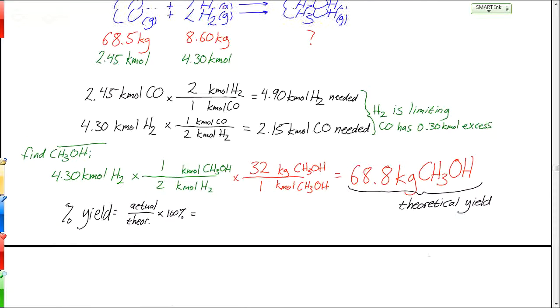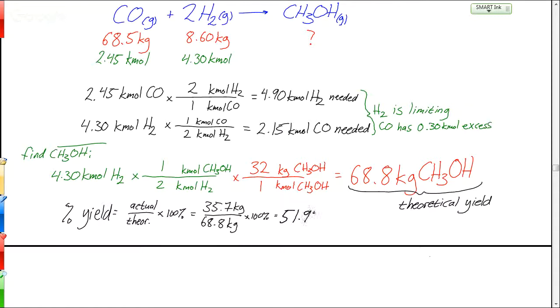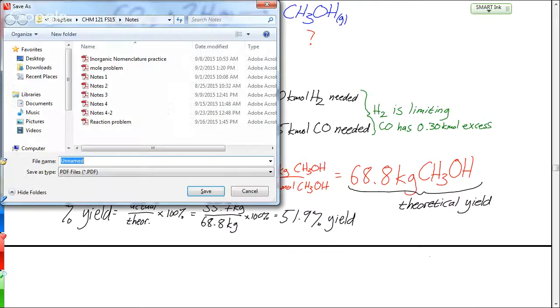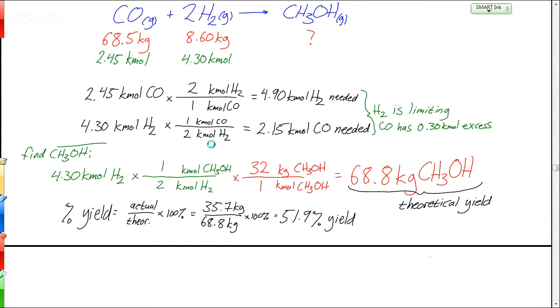So in this case, that's going to be 35.7 kilograms divided by 68.8 kilograms, which is 51.9% yield. So it's about 50% yield. All right, about half as good as we might like.